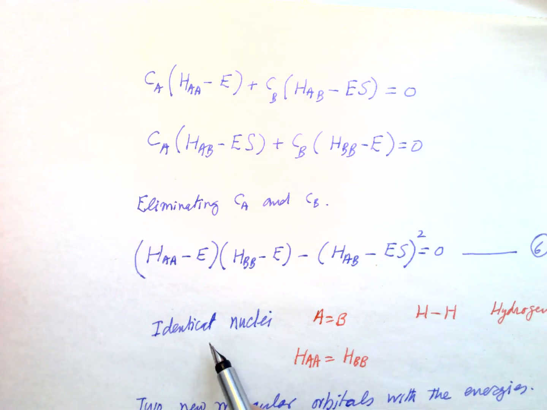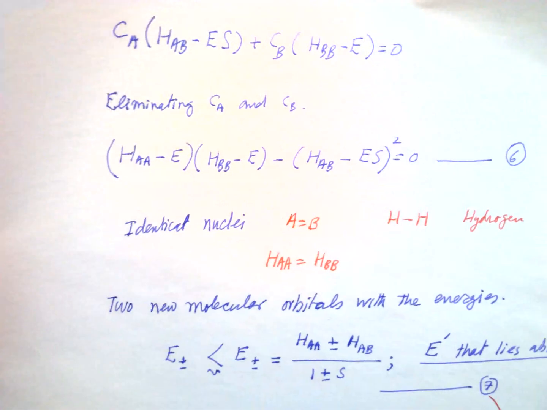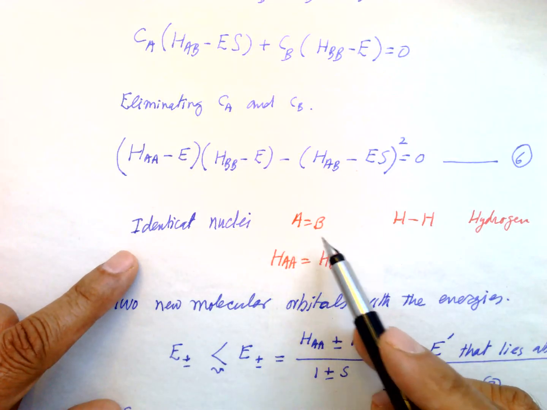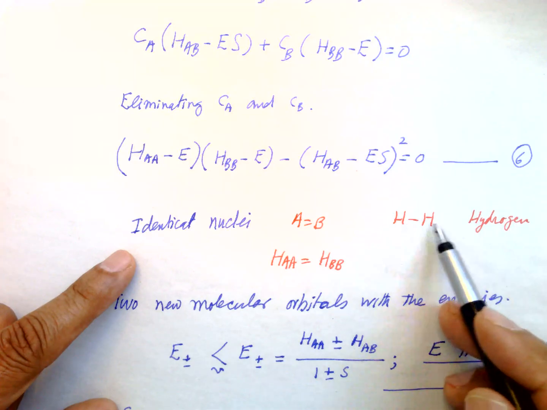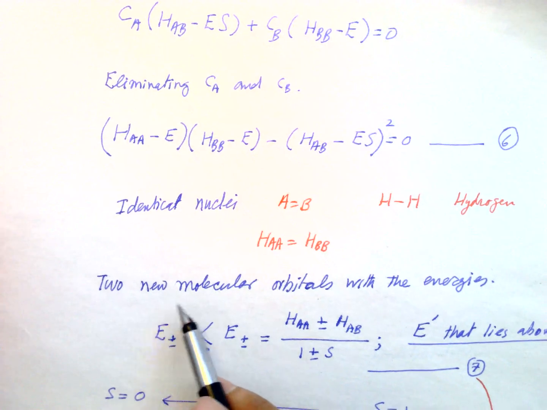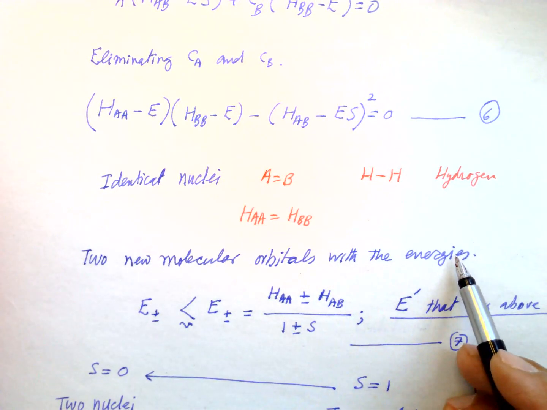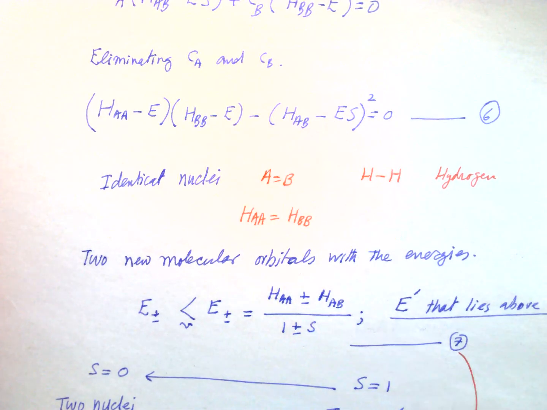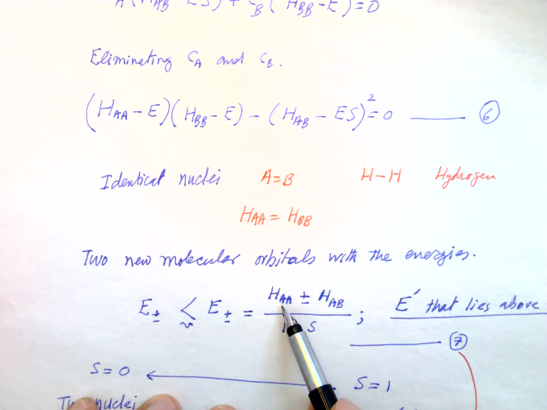For identical nuclei, like O2 or H2, A is equal to B, and HAA is equal to HBB. So now the two new molecular orbitals will have energy E equals HAA plus or minus HAB over 1 plus or minus S, simplified from equation 4.